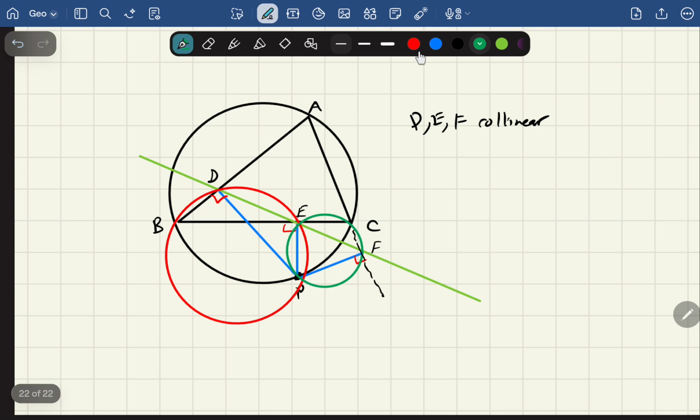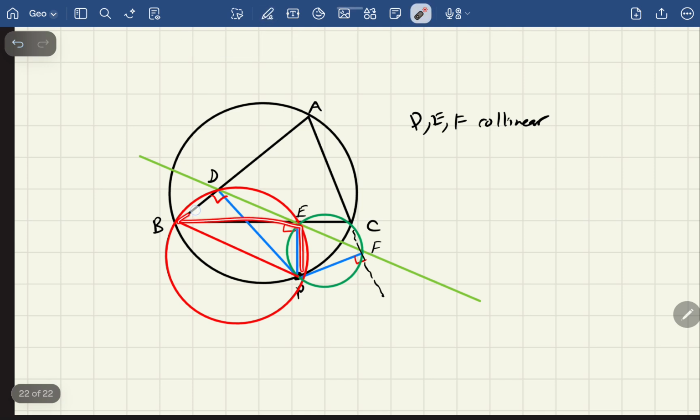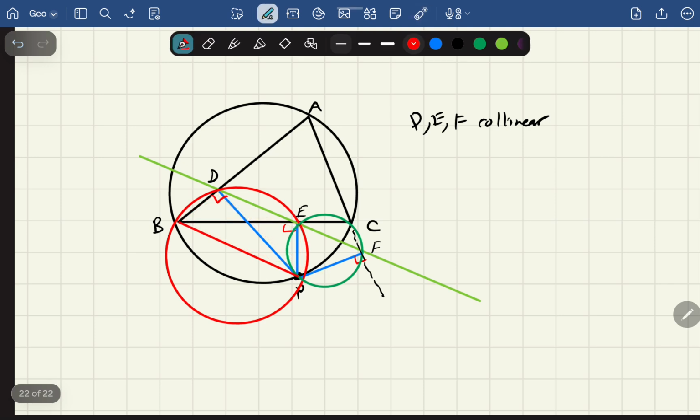Okay, so the red circle will intersect at B, D, E, and P because they are cyclic, right? BEP and BDP both subtend the diameter. And then the same for here.